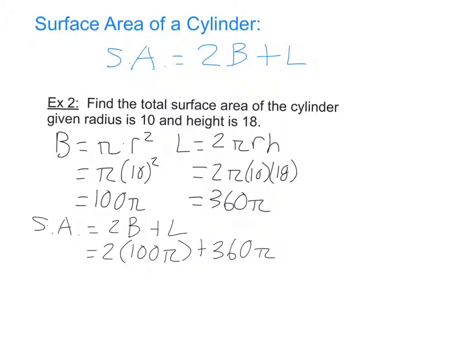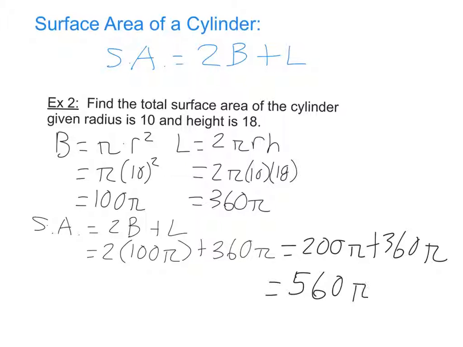We can distribute the 2 to the 100 to get 200 pi plus 360 pi. And then lastly, yes, we treat those like terms. So 200 plus 360 will get us 560 pi units squared.